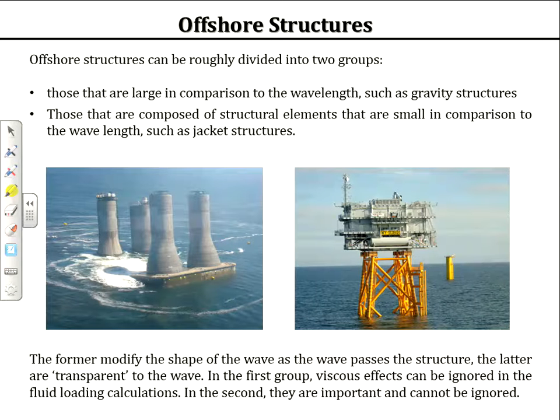So when the water or wave meets this kind of structure, the waveform, like a sinusoidal signal, is deformed by the structure. So there is deflection, radiation, and so on, because it's very large. But for the structure with a small diameter, it seems transparent. So when the water passes through it, there is no deformation of the waveform.